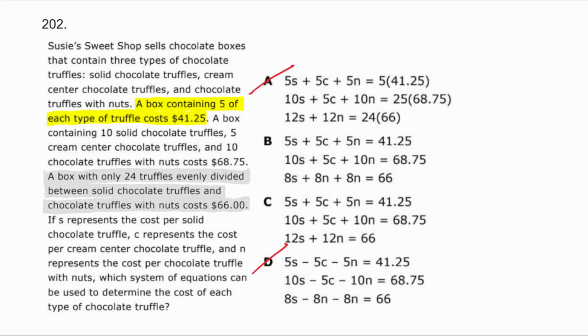But it's evenly divided between just two, right? Solid and the ones with nuts. So that's going to be right here, and that's why I'm going to be choosing answer choice C. In B, that was assuming 8 of each, but they didn't say anything about, what is C? Cream center. No, nobody said anything about cream center in that equation I highlighted in gray. So that would be why it's answer choice C.